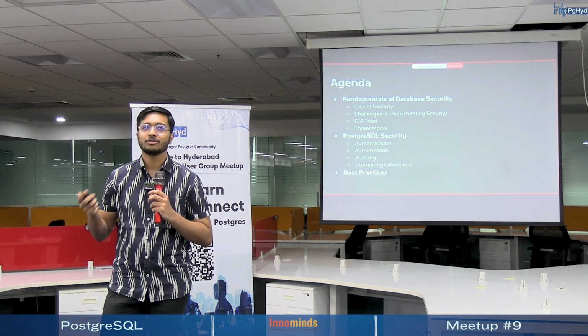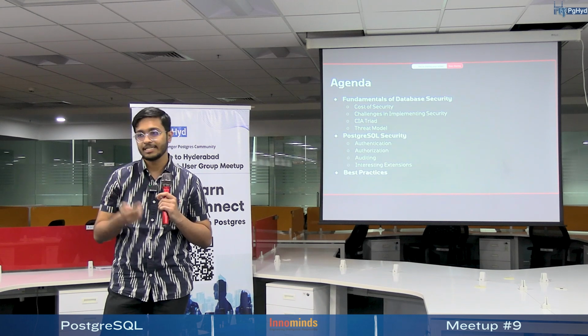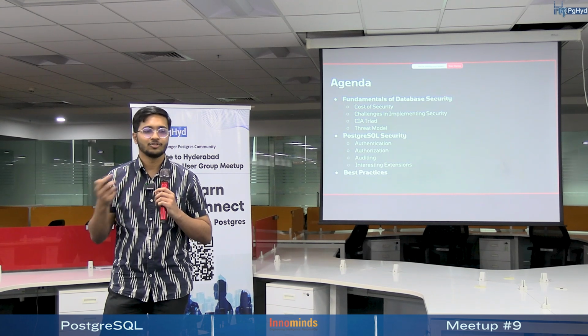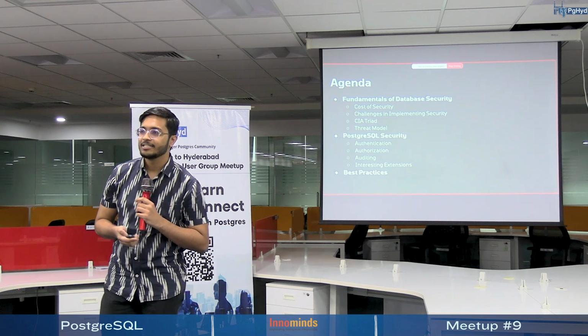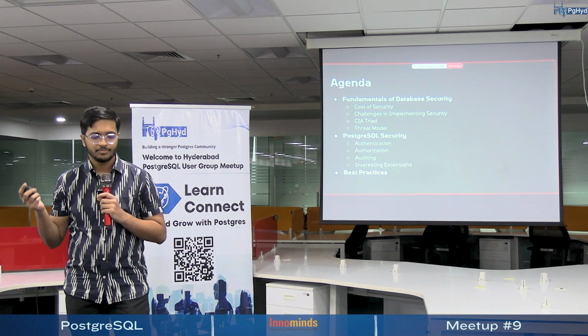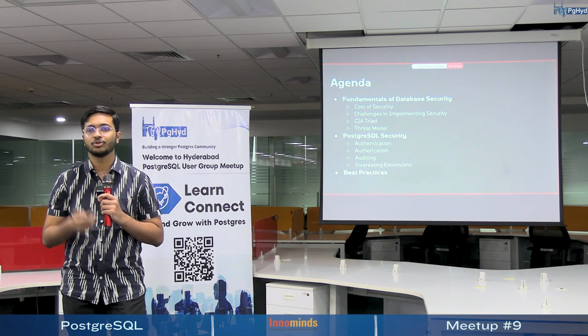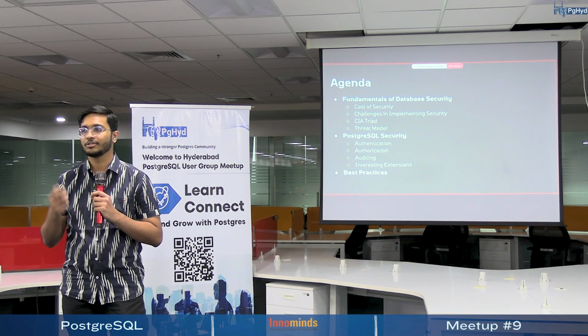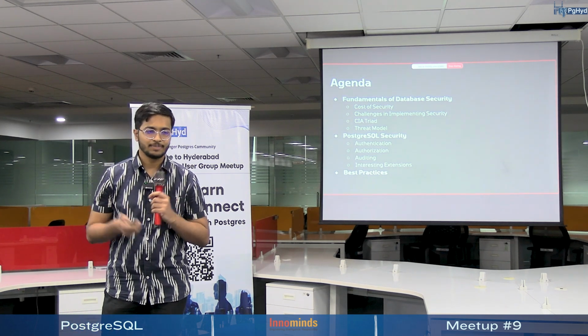Then I'm going to talk about some features in PostgreSQL that are around authentication and authorization. There is no feature around auditing that I've added, but I've already mentioned it here. Then some interesting extensions that you can use to improve your database security or the security of the data present in your database. And then a couple of best practices.